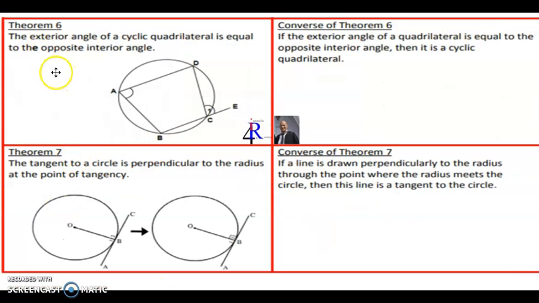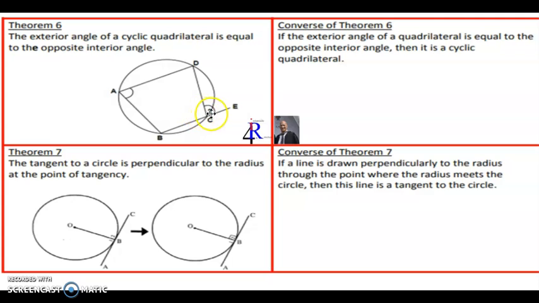Theorem 6. The exterior angle of a cyclic quadrilateral is equal to the opposite interior angle of the cyclic quad. We know that these two angles are supplementary, and we know that these two are supplementary.